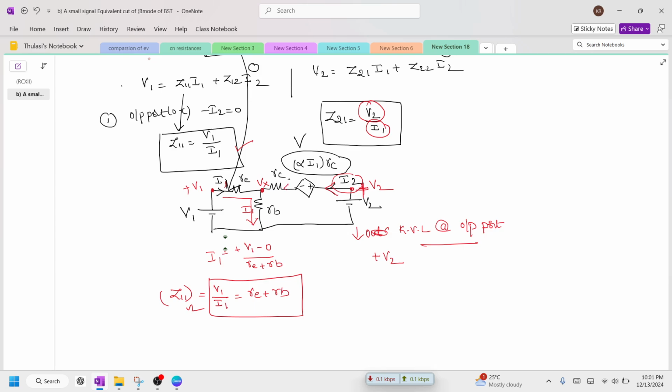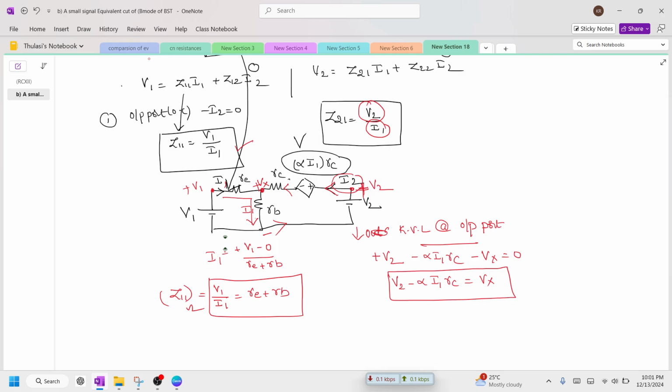The voltage source we are having is minus alpha I1 into RC, and here it is some positive and negative. Whenever it is leaving, it's nothing but minus Vx is equal to 0. So I'm going to find out V2 minus alpha I1 RC is equal to Vx. This is the unknown voltage at node X.